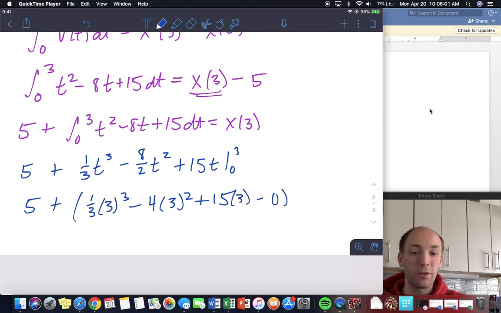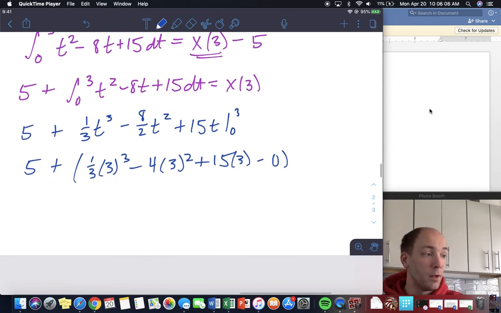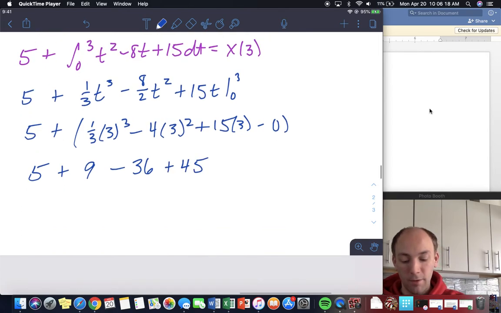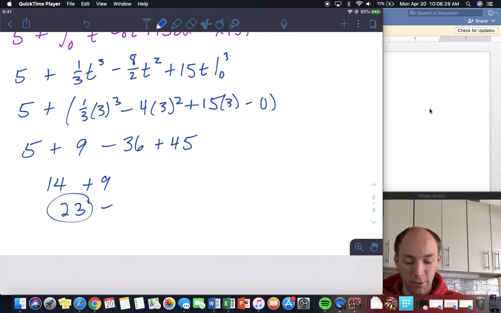If you plugged in 0 for any of that, you would just get 0, so that would go away. So 5 plus 3 cubed is 27, divided by 3 is 9, minus 3 squared is 9, times 4 is negative 36, and 15 times 3 is 45. 5 and 9 is 14, negative 36 plus 45 is 9, so this would be 23. So the position of the particle at t equals 3 is 23.